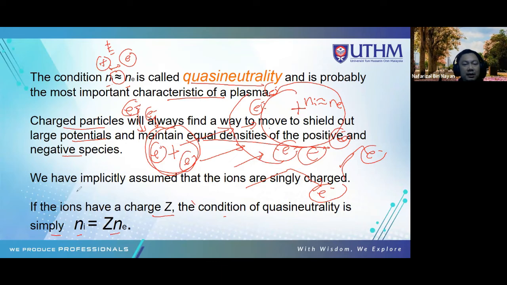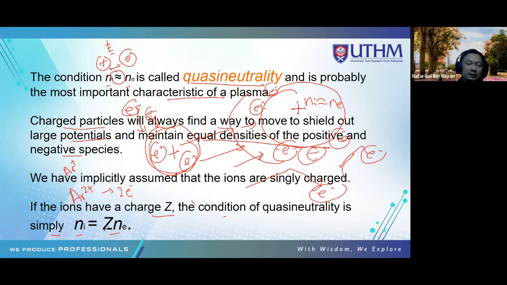For example, our ion is argon 2 plus. The most basic one is argon plus, which we get because we release one electron. If you have argon 2 plus, it means you have 2 extra electrons from this one.